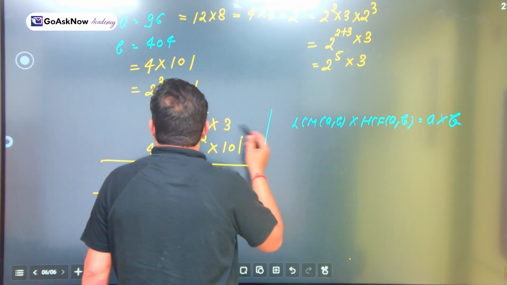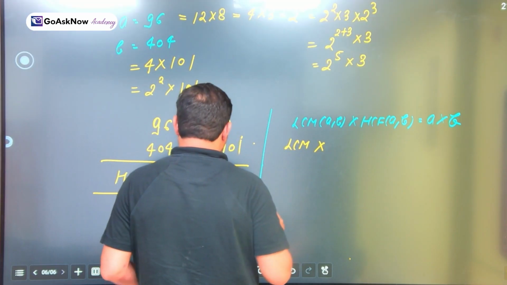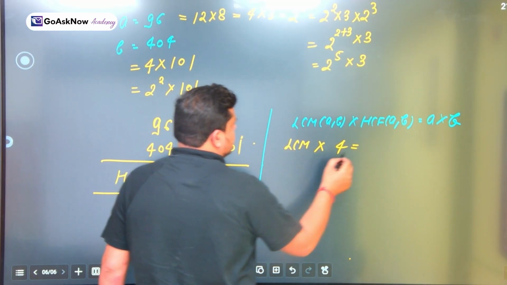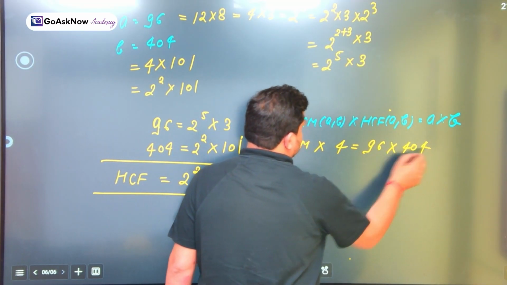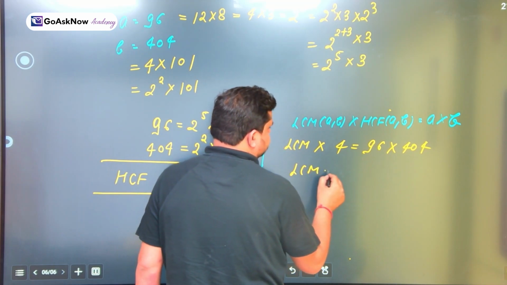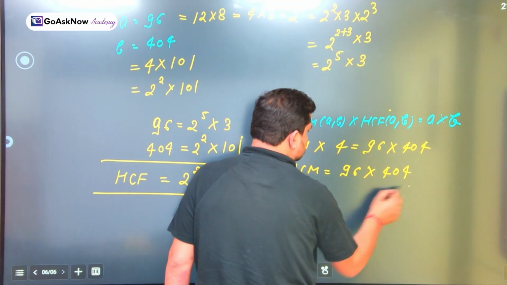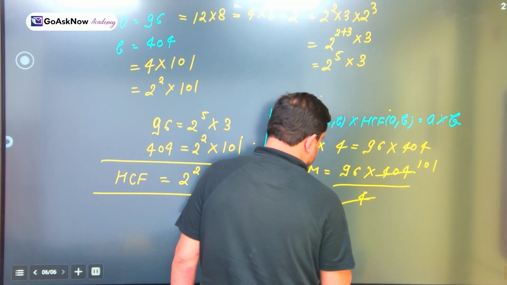We have to find the LCM of the two numbers. HCF we have found out. And what is the product? That is 96 into 404. So LCM is equal to 96 into 404 upon 4. This is 101.